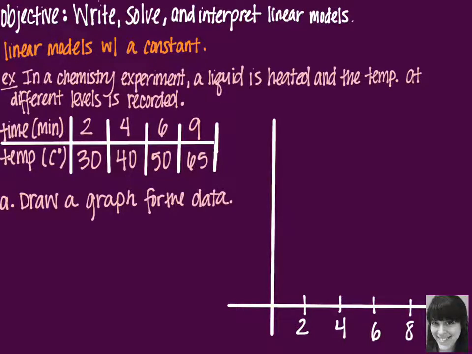Then along the y-axis, I have to get up to about 65, so let's go by 10s: 10, 20, 30, 40, 50, 60. You should be using graph paper, so yours are equal widths apart. Let's fix this 30.